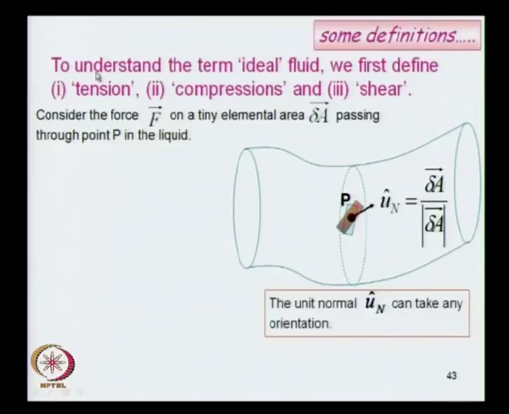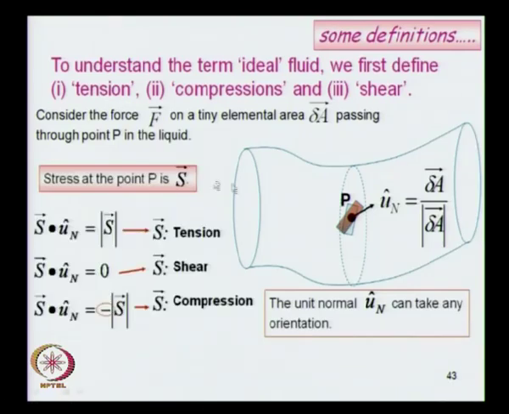And to define the ideal fluid, we need these three definitions: what is tension, what is compression, and what is shear. So, consider the force on any tiny elemental area delta A, and you can orient this strip any which way, it could be like this strip or this tilted strip, and accordingly it would have a direction which is normal to that particular surface element.